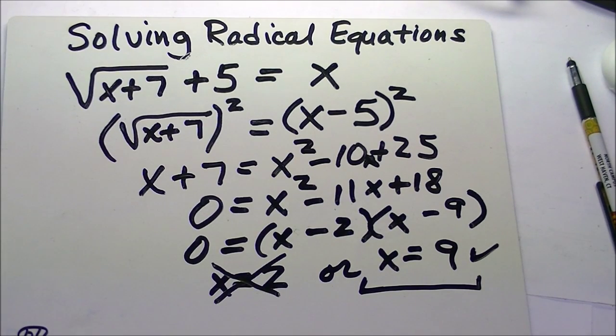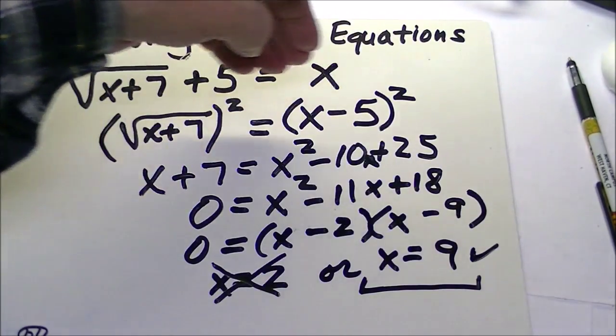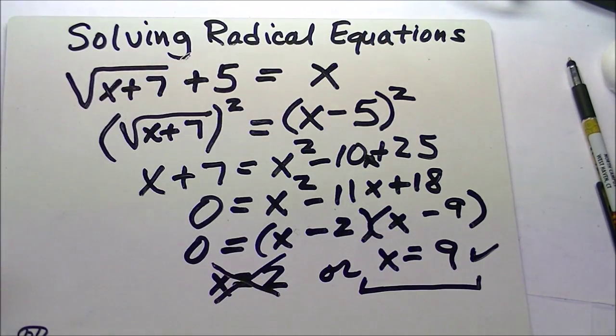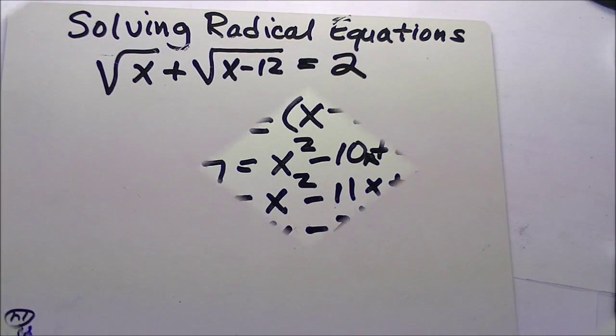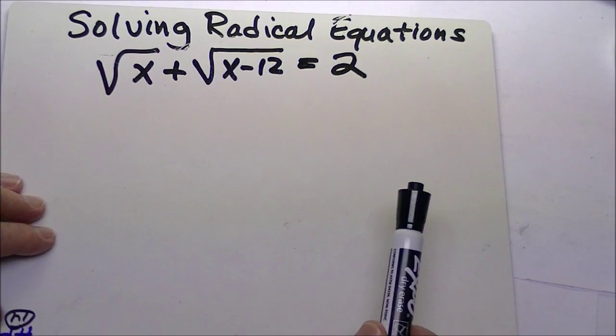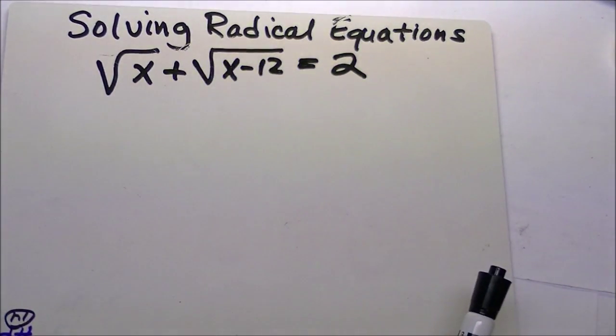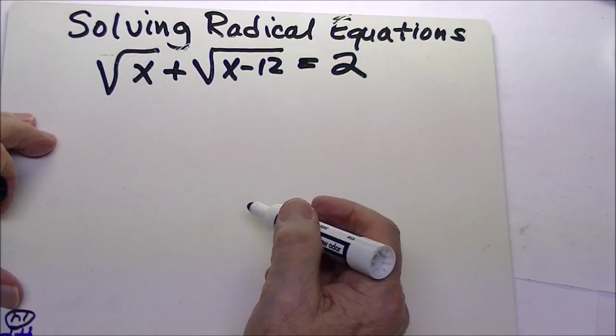Okay, so that's basically what you do. If you had a radical on this side, you would have to do some squaring. In fact, let's try one like that. Now, when we see something like this, where there are two radicals in an equation, what is the protocol or the strategy?